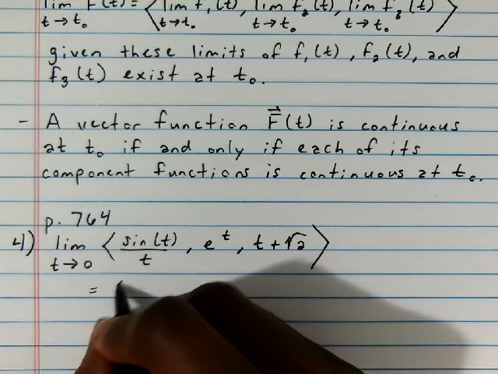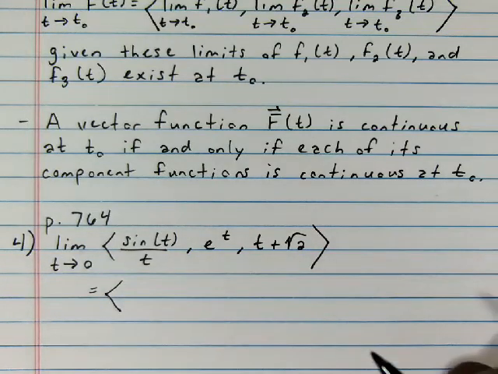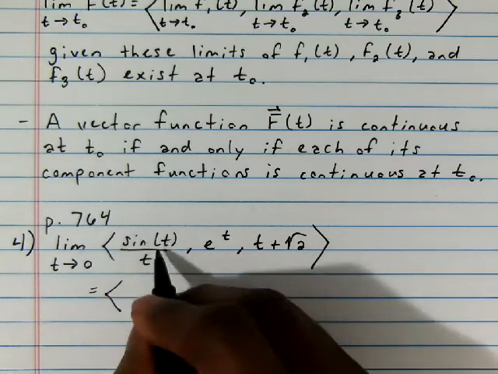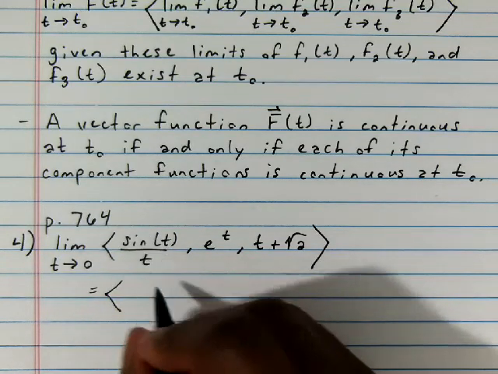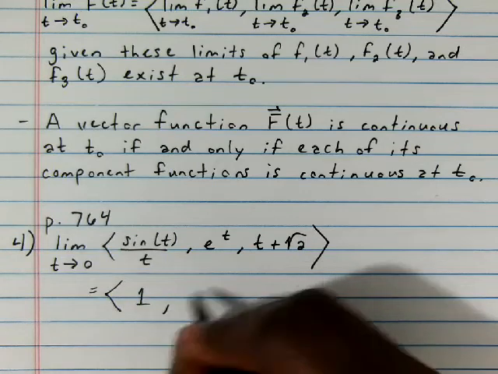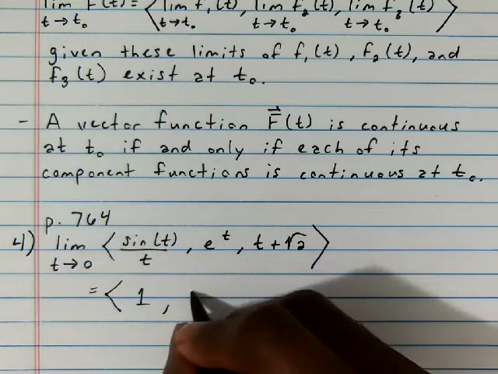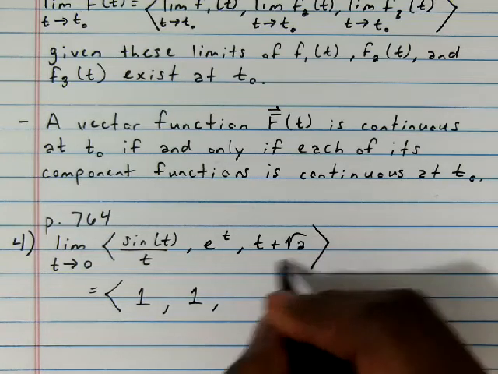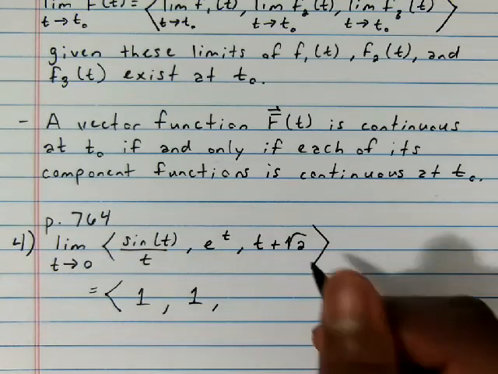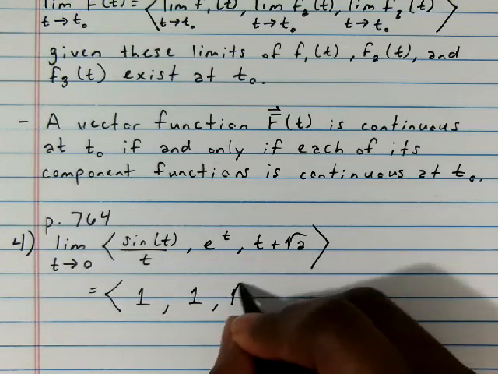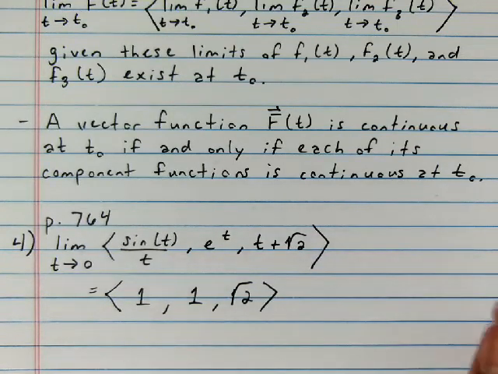The limit as t goes to 0 of sine of t over t is 1. And as t goes to 0, e to the t is also going to go to 1. And as t goes to 0, you can plug in 0 there and you're just going to get square root 2. And that's the extent of that.